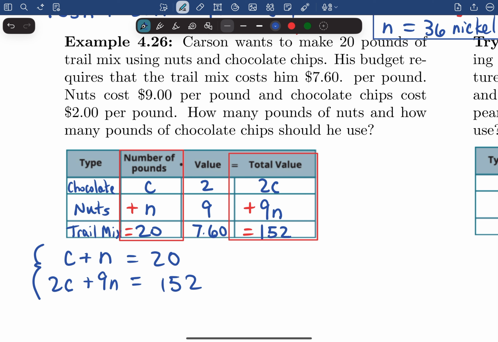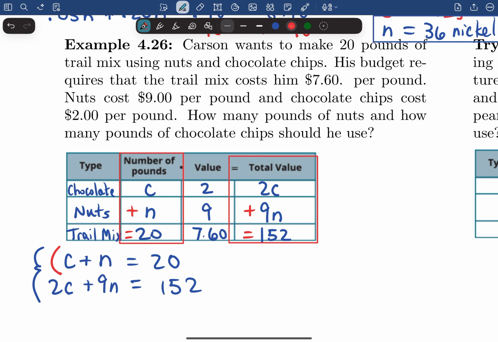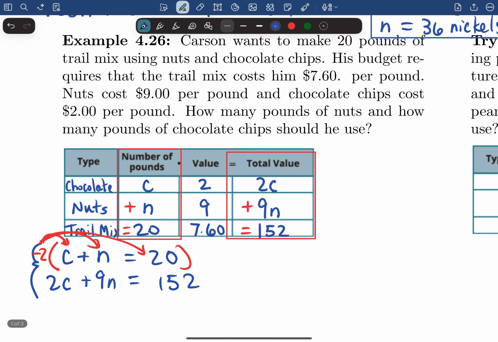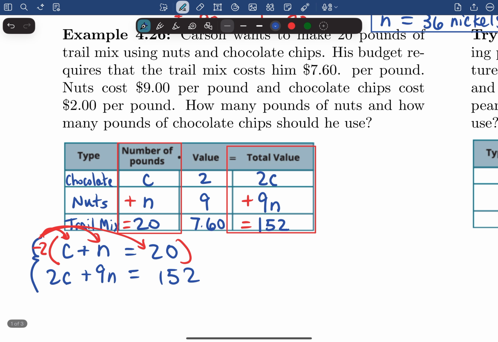And maybe I'll just have fun and decide to use the elimination method. But I could very well have chosen the other method. So, the way I see it, if I multiply this equation by -2, then I will be able to eliminate the variable C. Let me rewrite the two equations, having multiplied the top equation by -2.